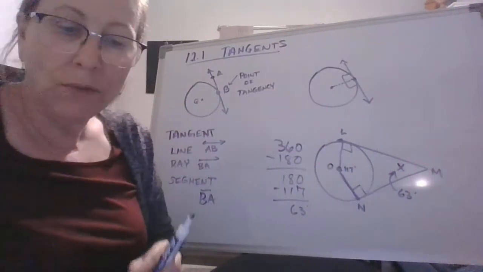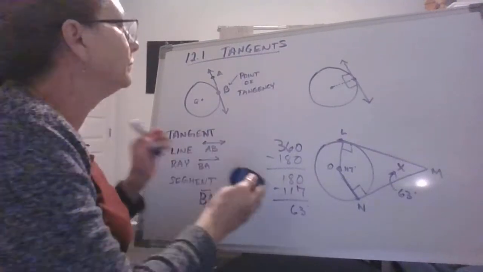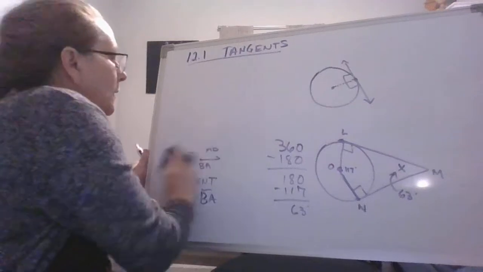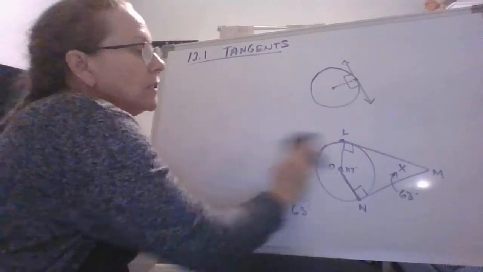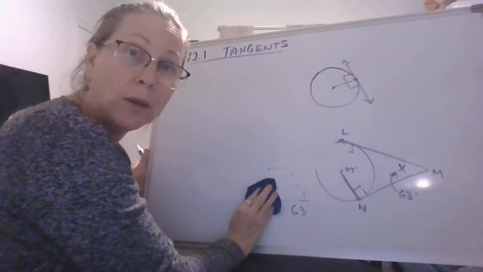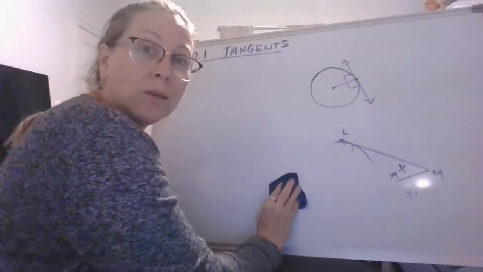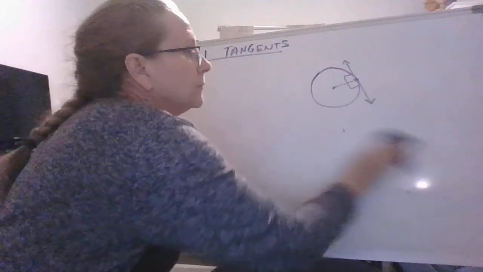Now, if a tangent or a right angle is already present, that leads us to some situations where we can use the Pythagorean theorem that we just used in our last chapter. So that Pythagorean theorem just keeps coming back.